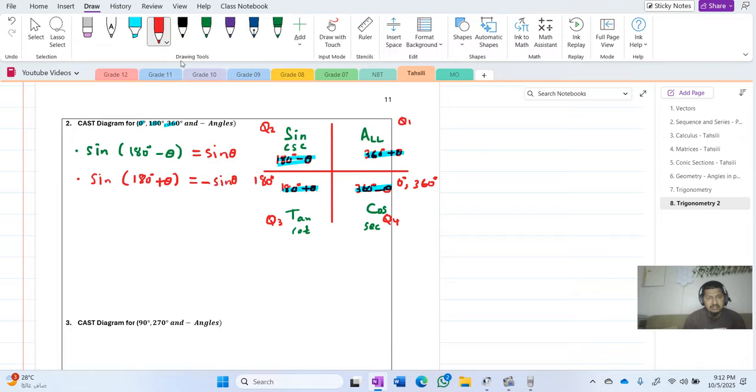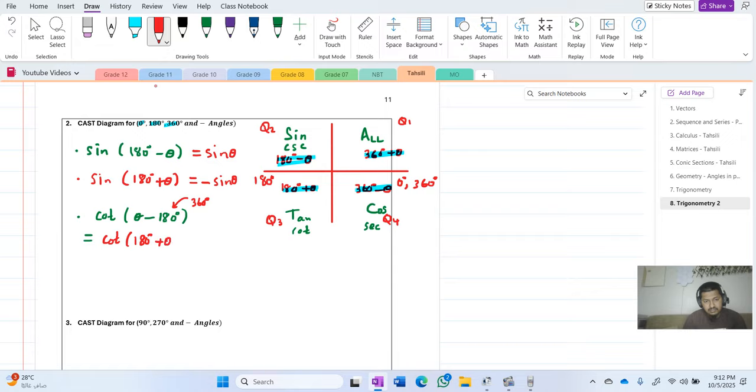Next one, if we want to reduce cot of theta minus 180. Remember, because the angle is negative, we're going to make it a positive angle, so we add 360 in here. What is 360 minus 180? It is 180, so cot of 180 plus theta, and remember the theta remains positive, we're not changing that.